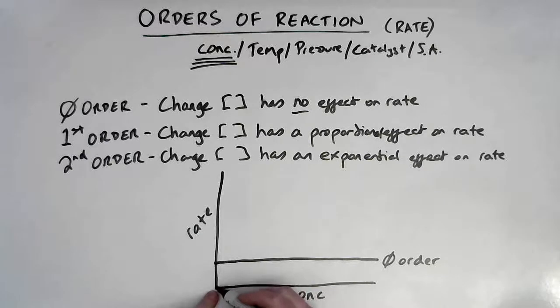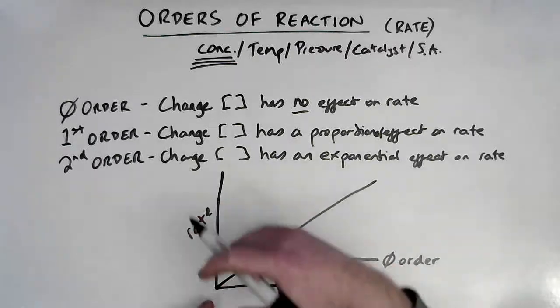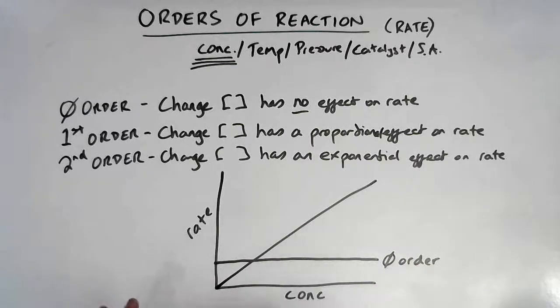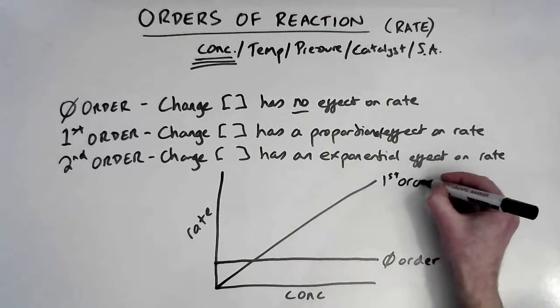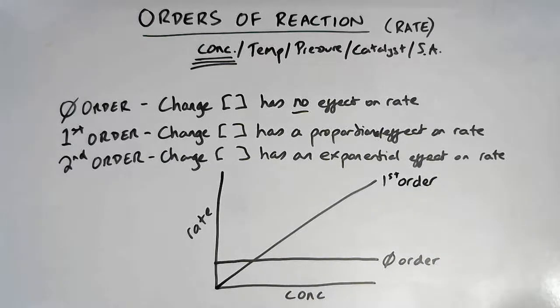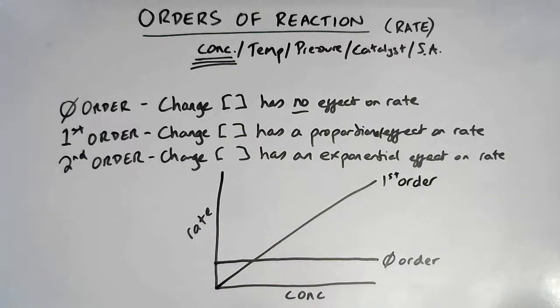So from 0, we take a straight line straight up like that. If you double the concentration, you've doubled the rate. Of course the gradient might change depending on your scale here, but it's a straight line. So this is first order reaction: as we double one, the other doubles, and so on and so forth.